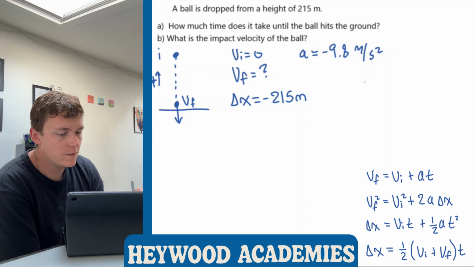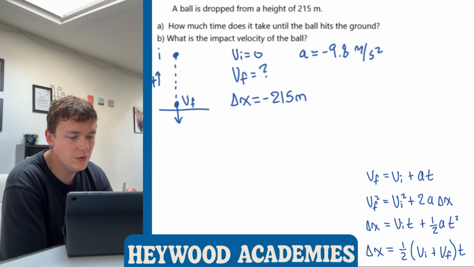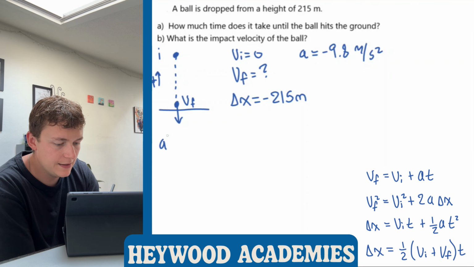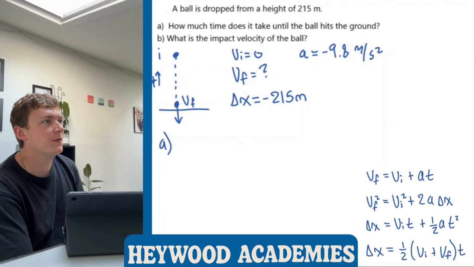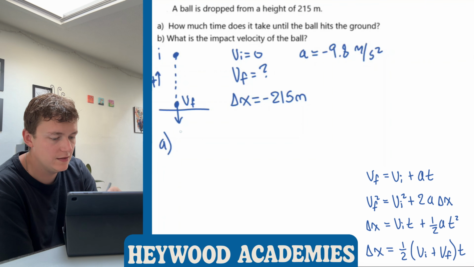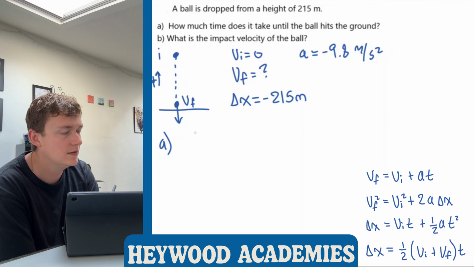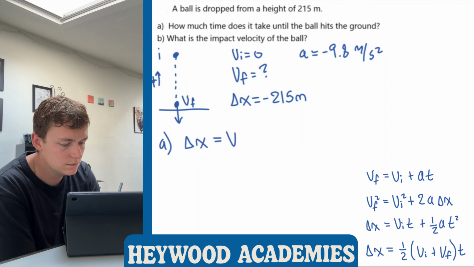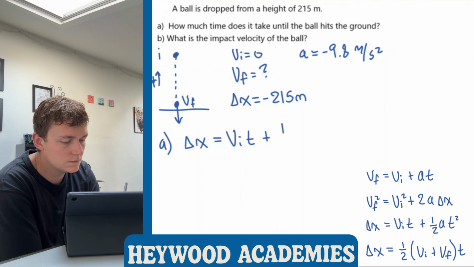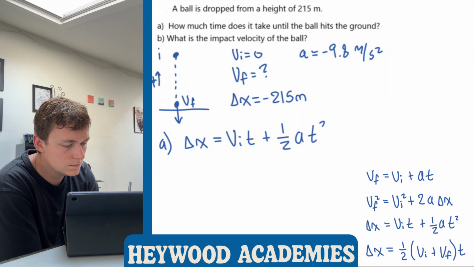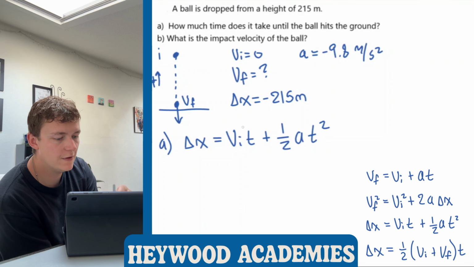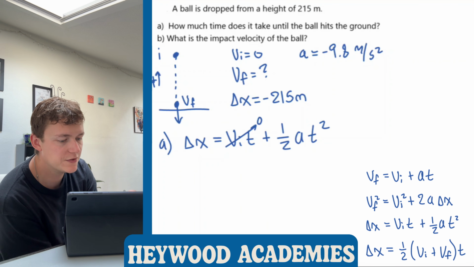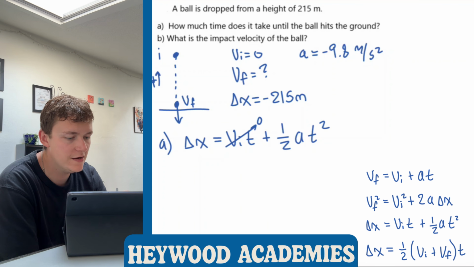And for the first part, we're trying to figure out time, and we don't have final velocity at the beginning. So we're going to go to our list of equations, find the one that does not have final velocity, which looks like this. And the initial velocity is 0, so same thing's going to happen with this one, where that whole thing is just going to turn into 0.